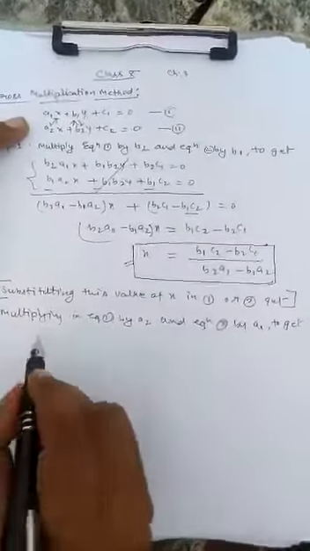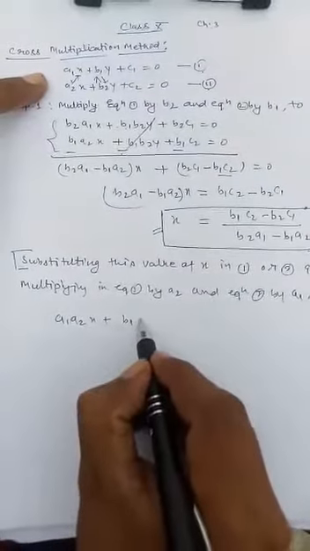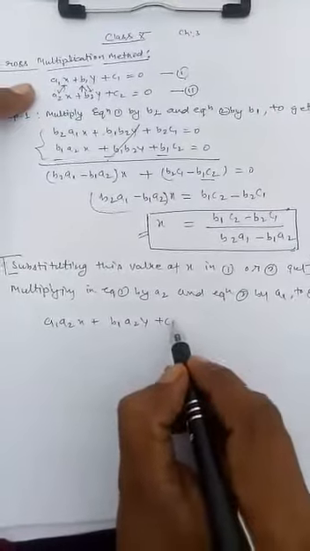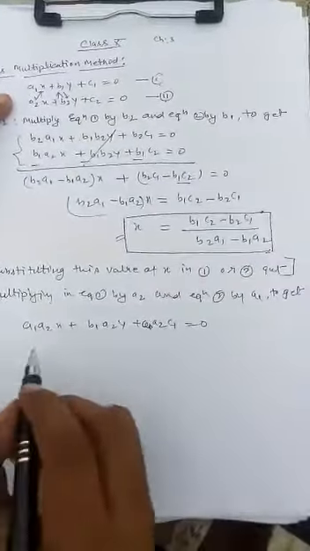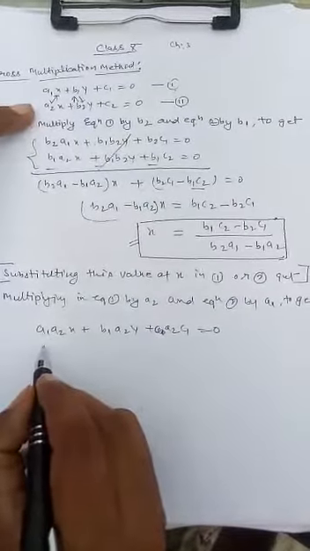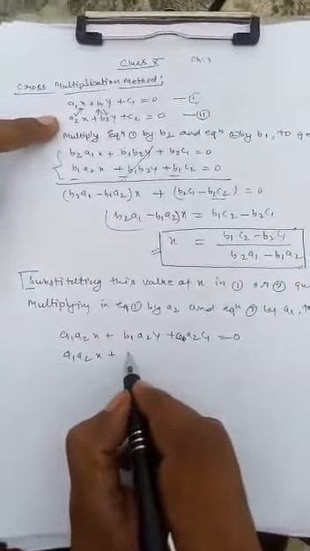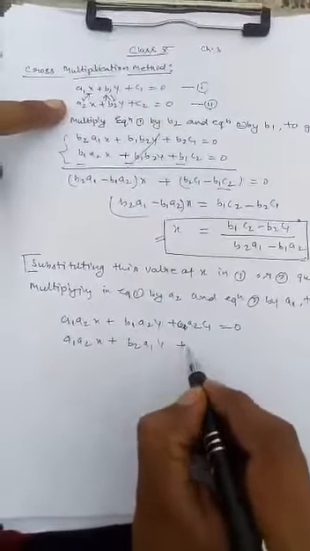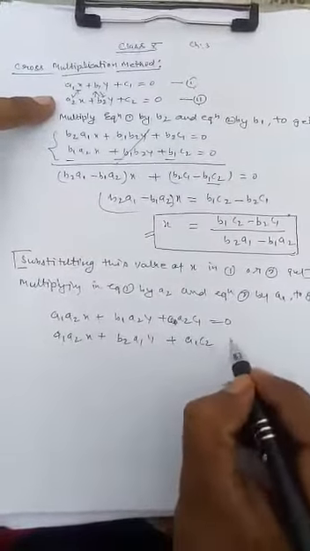Now while multiplying, we get a1 a2x plus b1 a2y plus a2 c1 equals 0, and from equation second we have a1 a2x plus b2 a1y plus a1 c2 equals 0.